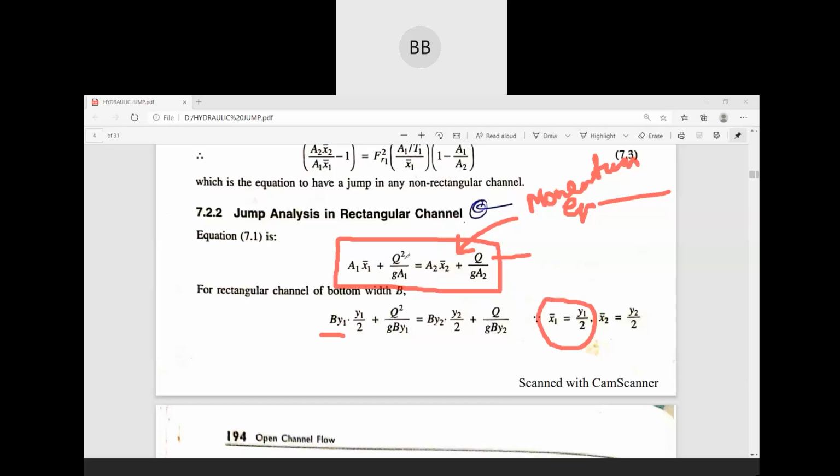Then Q square is already there, g, and in place of A1 again we have written b into y1, is equal to A2, which is again b into y2, x2 bar is y2 divided by 2 for a rectangular channel, plus Q square divided by g, and in place of A2 we have written b into y2. The area of a rectangular channel is b into y.